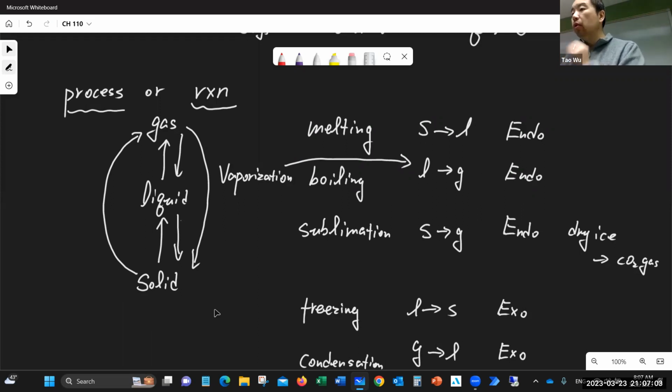So if you just think about the temperature, then you generally know what kind of process the phase transfer is going to be, endothermic or exothermic. Again, endothermic is gaining heat into the system, and exothermic is producing heat from the system.